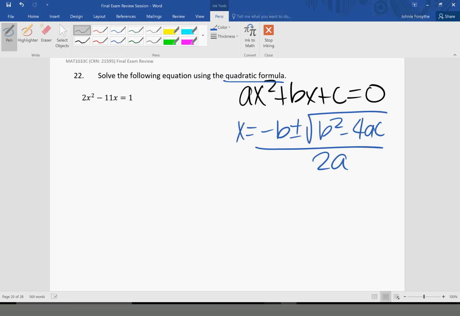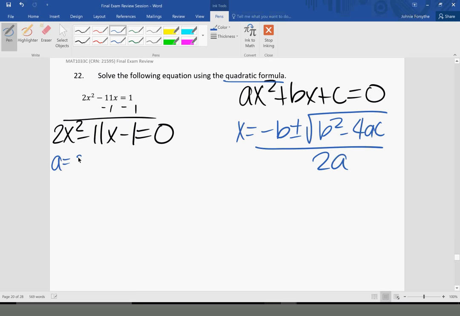So first, let's put it into standard form. So we're going to subtract that 1. And we'll have 2x squared minus 11x minus 1 equals 0. So now we need to identify our variables a, b, and c. So a equals 2, b equals negative 11, and c equals negative 1.